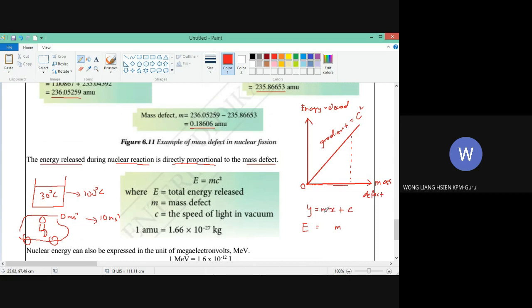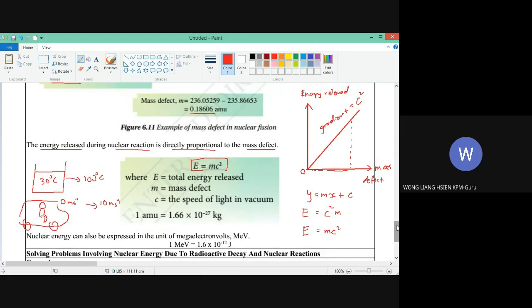So this gradient is c squared. So we get the equation E equals mc squared. Very famous equation, E equals mc squared.